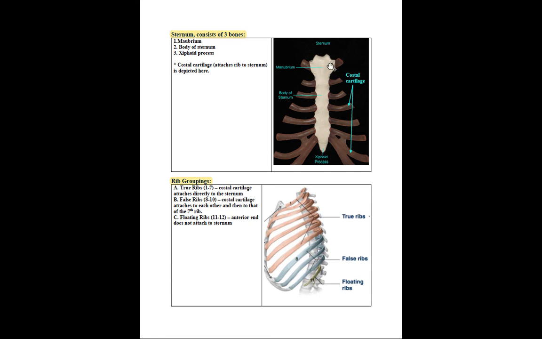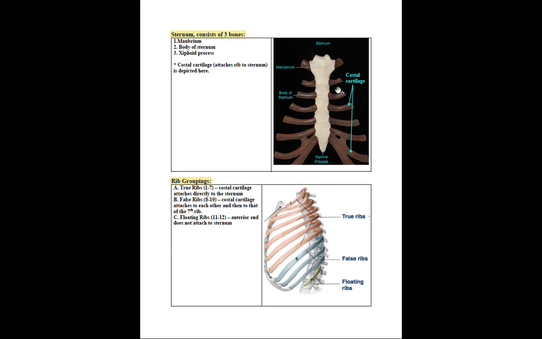The sternum is made up of 3 bones, what's called the manubrium. This bone right here is the manubrium. Then the body of the sternum here. And then the xiphoid process, that very important landmark that we use for doing CPR to make sure that we don't break off the xiphoid process.